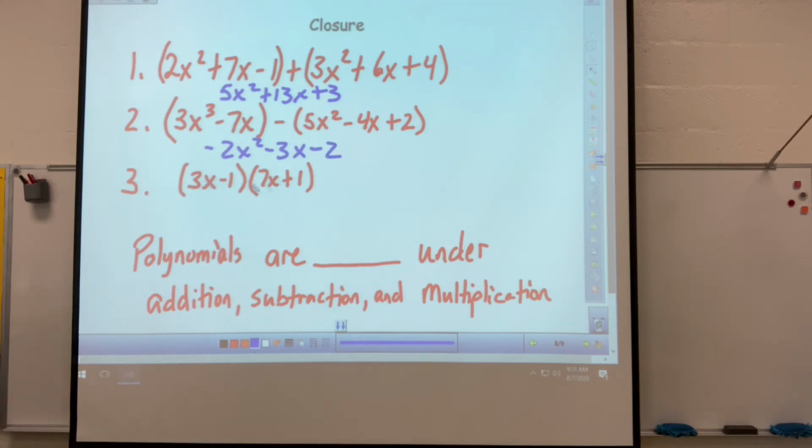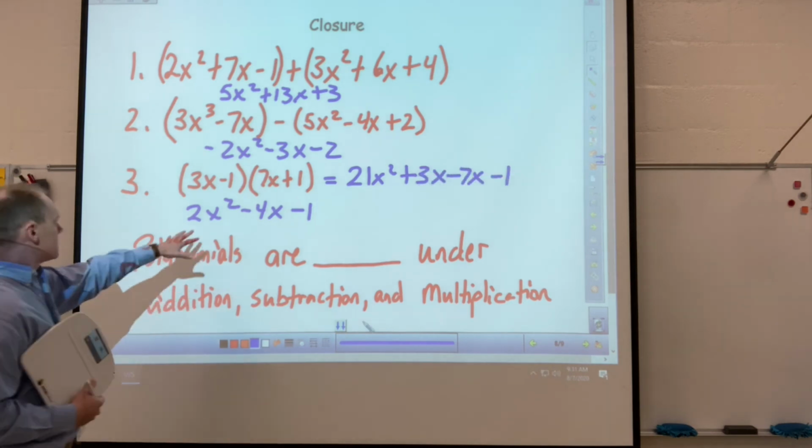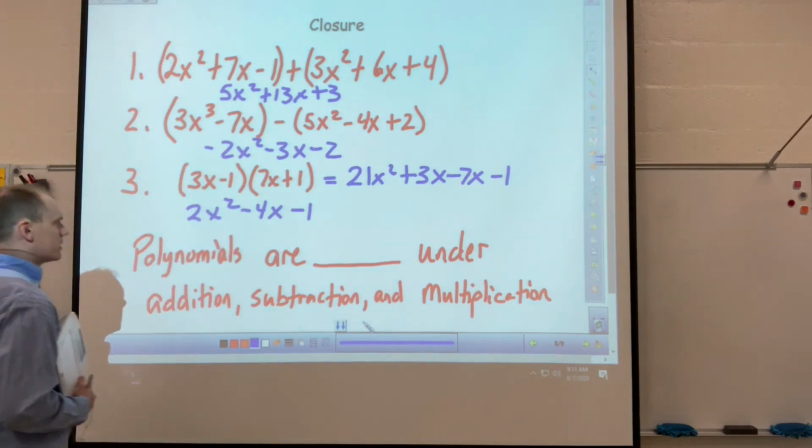And then lastly, when we multiply these together, we're going to get 21x squared minus 4x minus 1. Let me just double check that here. Let's see, 21x squared, then we're going to have plus 3x, and then minus 7x, and then minus 1. Yeah. So that's going to equal 21x squared minus 4x minus 1.